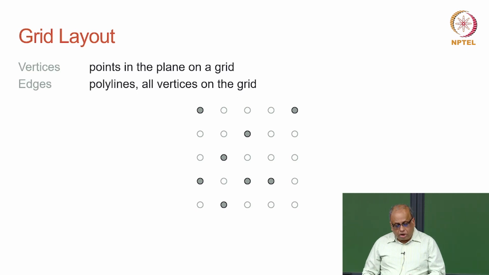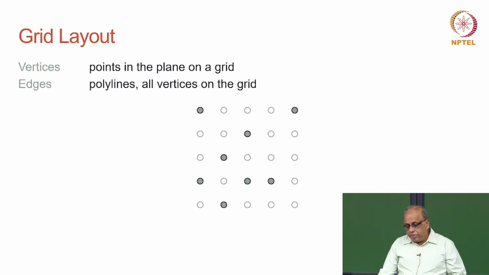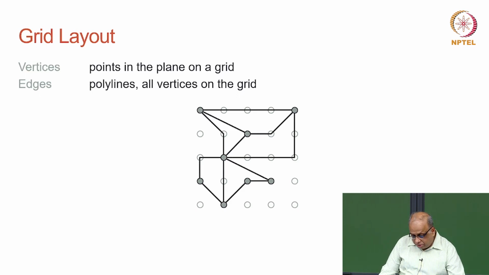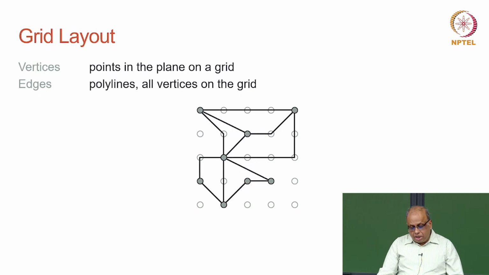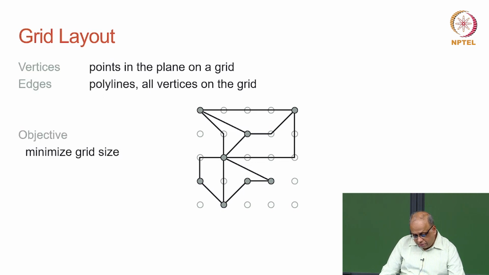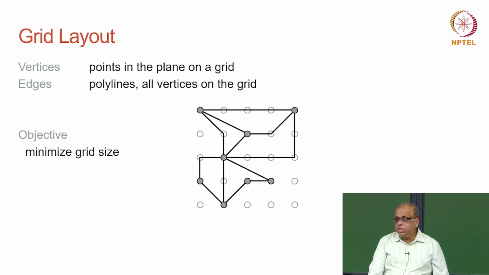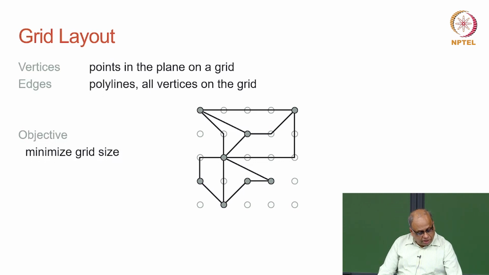You want a small grid which has all the circuit elements and all the connections between them. So vertices are points in a plane on a grid, and edges are polylines. This was the grid layout that was initially done, and the objective was to minimize the grid size.